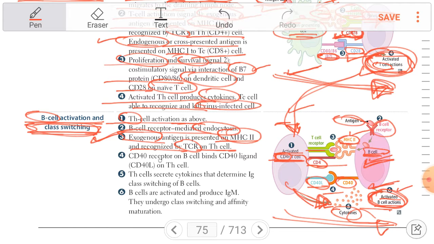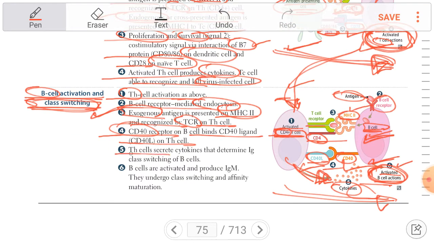Then there is another one, CD40 receptor. CD40 will bind to CD40 ligand, CD40 ligand on T helper cell. Then T helper cell secrete what? Cytokines to determine the class switching of B cells. So at first, once B cells are activated, there is production of which type of immunoglobulins?